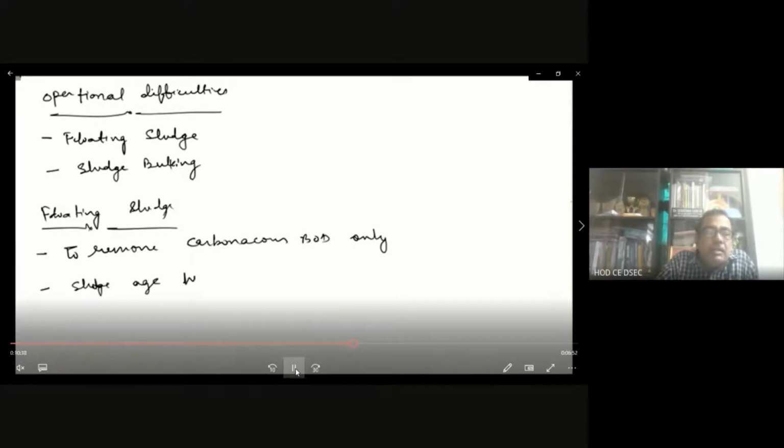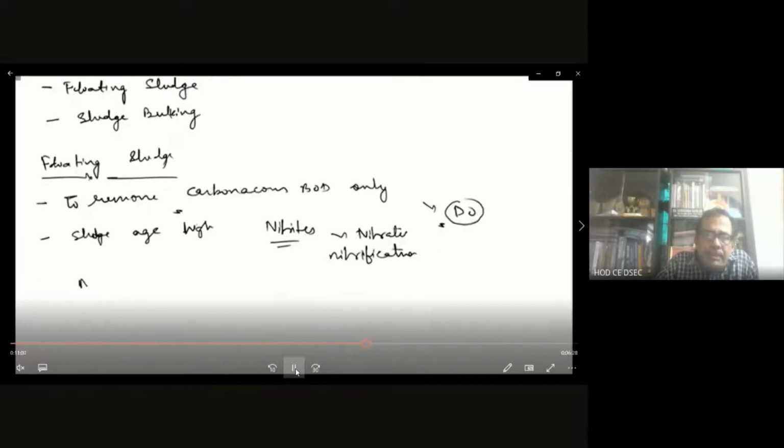Now if dissolved oxygen is more, then the sludge will be high. What does it mean? Nitrates are converted into nitrogen, and this nitrogen gas will uplift the sludge to the surface. So there is a problem. Sludge will be in floating condition, as I have told you.